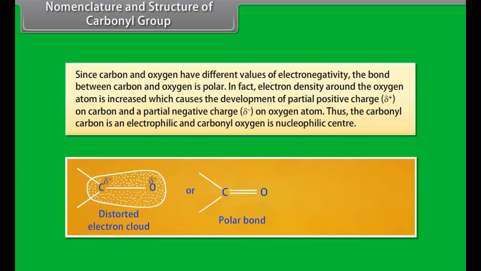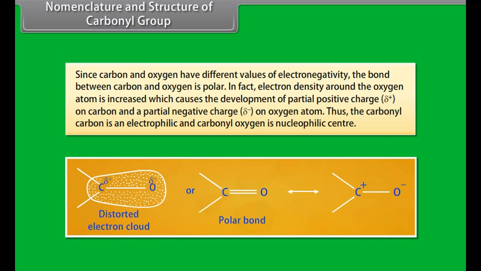Since carbon and oxygen have different values of electronegativity, the bond between carbon and oxygen is polar. In fact, electron density around the oxygen atom is increased, which causes the development of partial positive charge on carbon and a partial negative charge on oxygen atom.